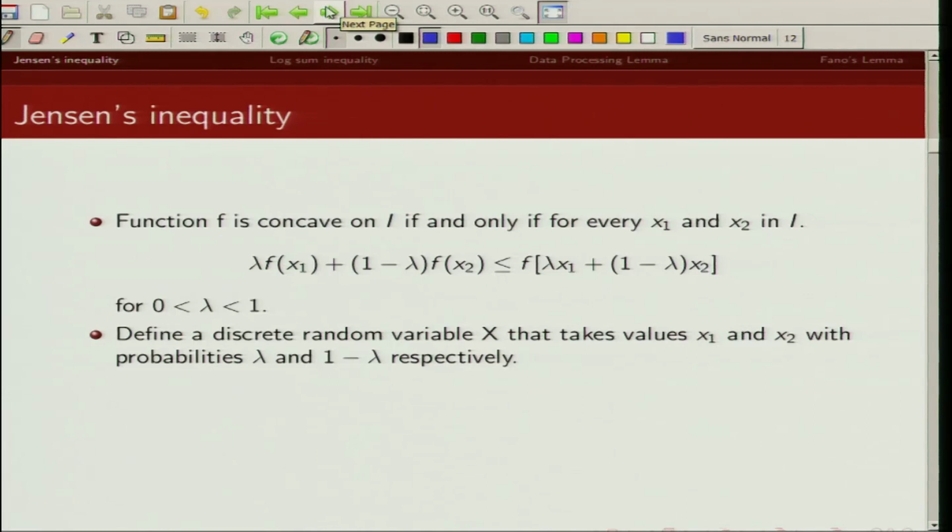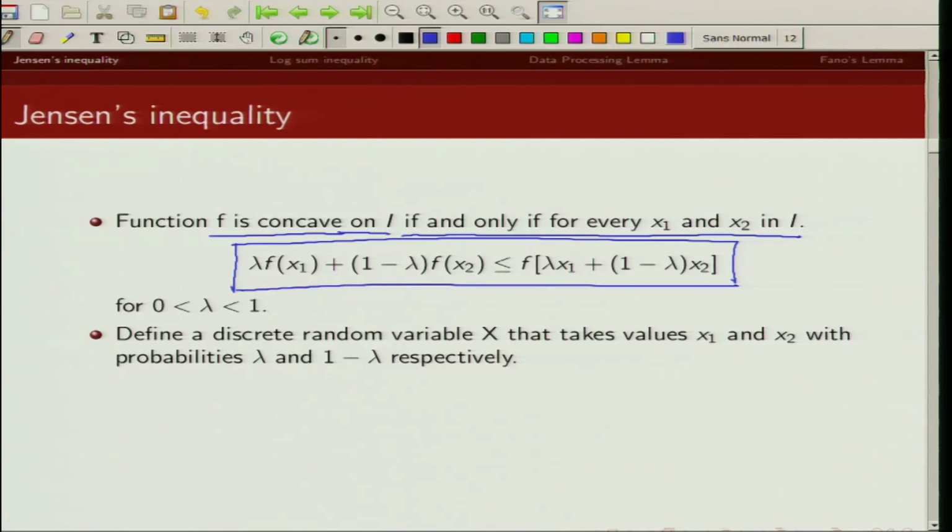Now we will show some more ways of proving whether a function is concave or convex. If you have a function f which is concave over an interval I, then it is concave if and only if for every x1 and x2 which belongs to this interval I, this relation holds.